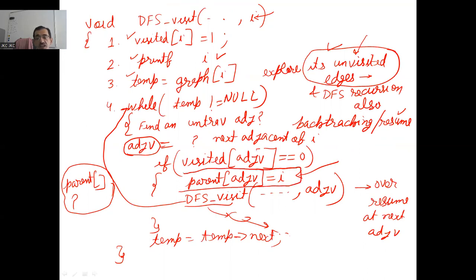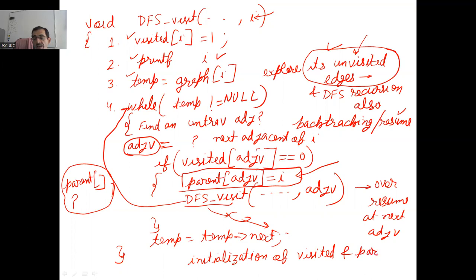But that also means for those which were uncovered, those who remain having no parent, the parent should remain -1. And I have not still initialized my visited and parent. So initialization of the parent as well as the visited array also needs to be handled. That we have not yet handled. Where to do this?